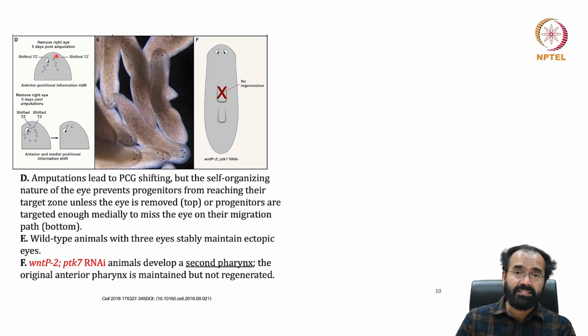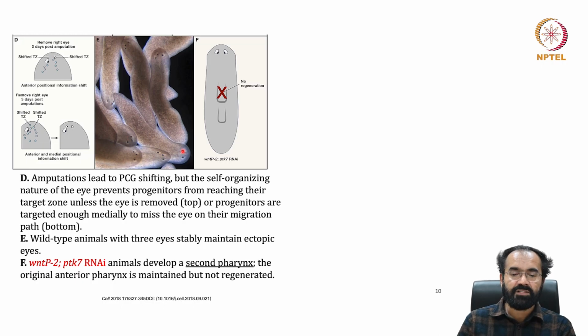That's what this is. This is one eye that has been plucked, it got anteriorly shifted. And here you created a parasagittal section, and the newly formed blastema will always have the ability to, so you can continue to cut. Like if you cut it again, it will have extra eyes.